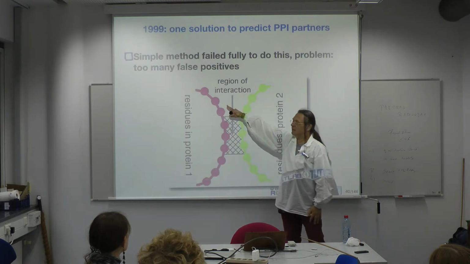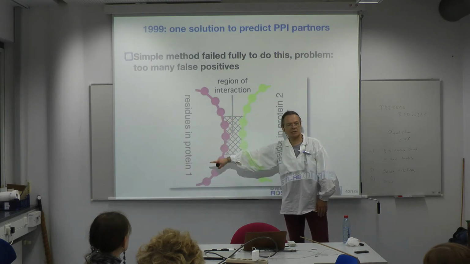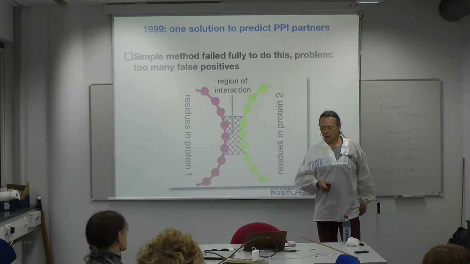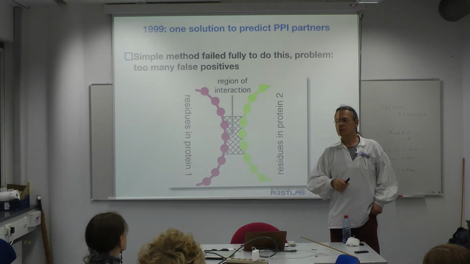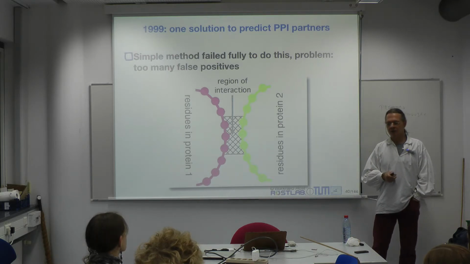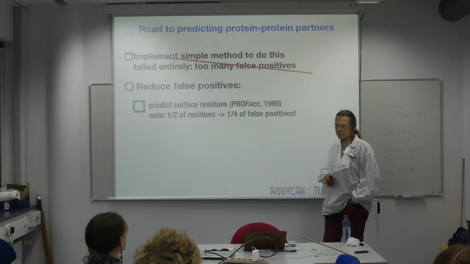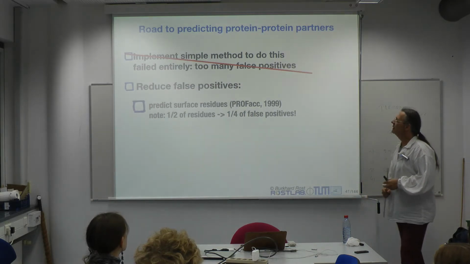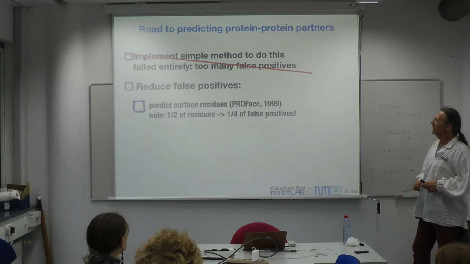So this one went from the first to the last residue, and this one went from the first to the last residue, and I simply tried all possible combinations. Do you believe this works? Highly not. This was by far the worst failure I've ever achieved. The best failure, let's call it that way.